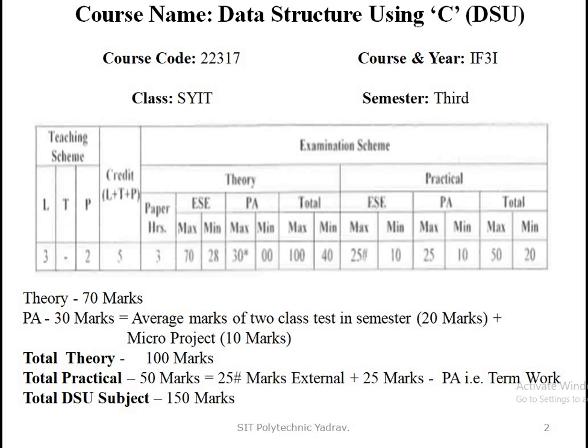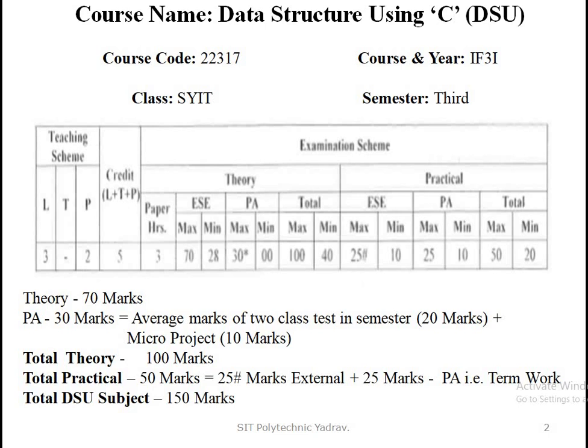How to calculate that average marks? In a semester, 2 class tests are taken. Each is 20 marks, 20 plus 20, 40. That average is 20 marks. The total is 30 marks. Your final theory exam is 70 plus 30, which means 100. You must obtain 40 marks.